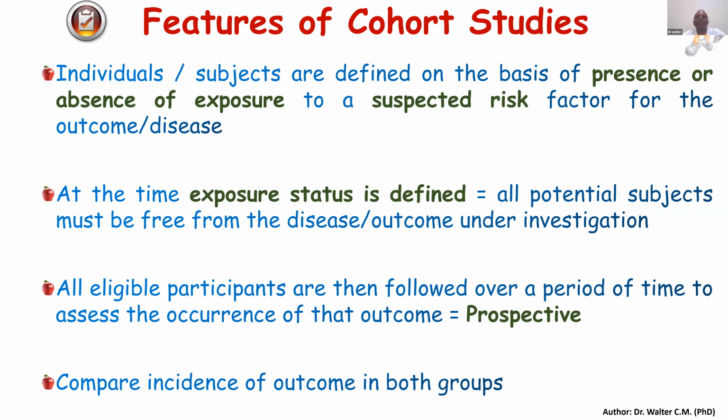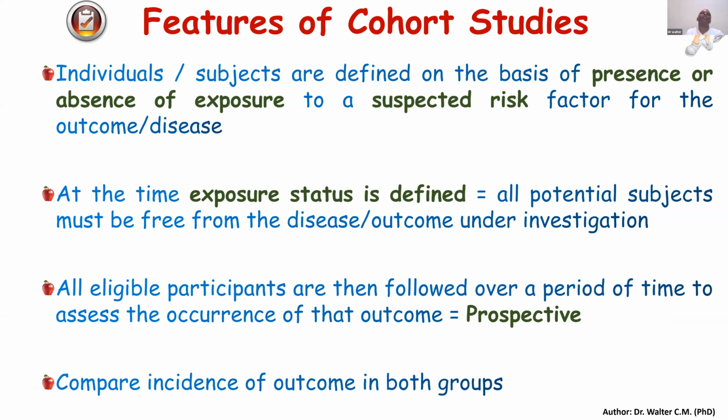So one of the key features, you must have a suspect. If we want to do a prospective study, you need suspects, for example, I suspect those who are living near factories are at risk of developing asthma. So you go there and recruit them before they develop asthma, and then you follow them while they are living near the factory to see whether they are going to develop it or not.